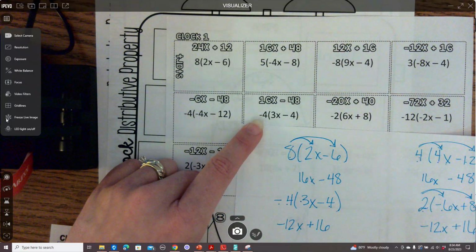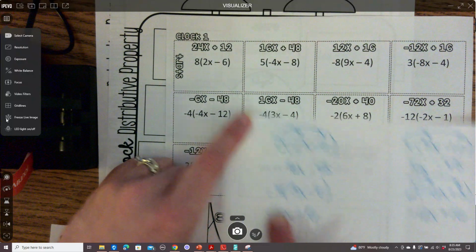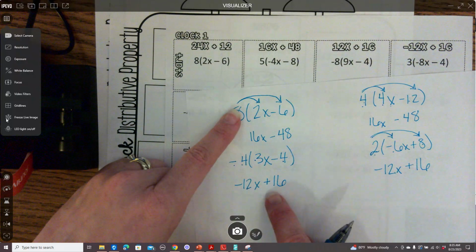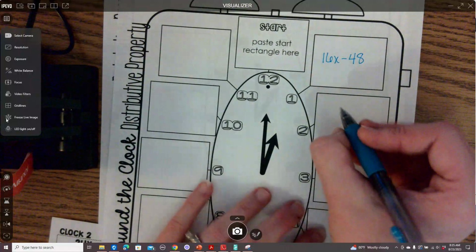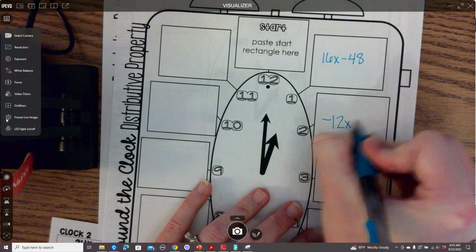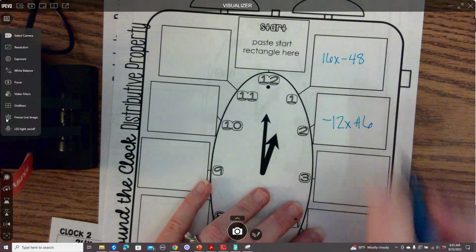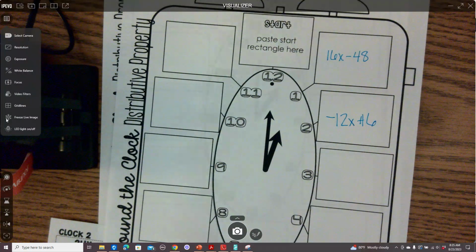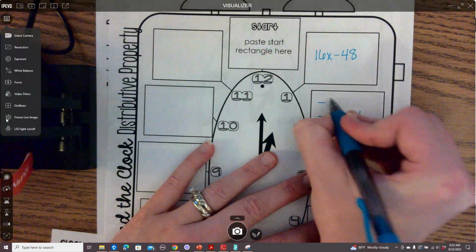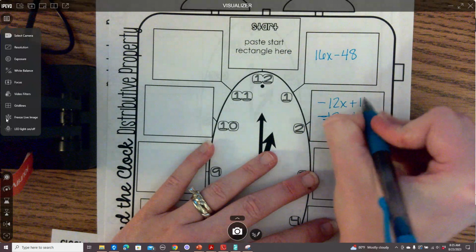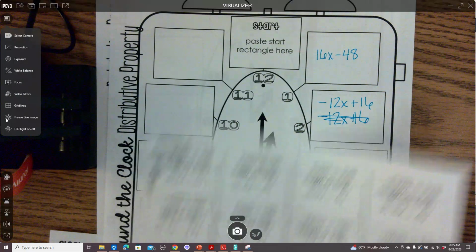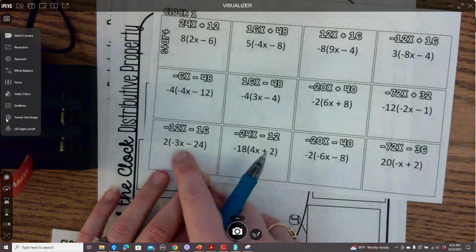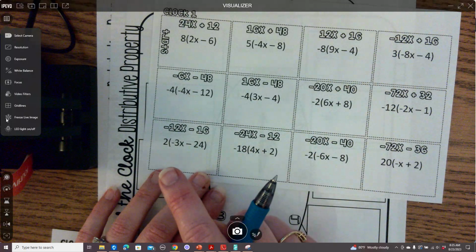Again, if you need to use your calculator, that's fine. But I get the same answer. So clock 1 should have the same answer as clock 2 in this spot. Negative 12x plus 16. And so then on this little page, again, I would mark those out. Once I use it, mark it out because you're not going to use that box again.